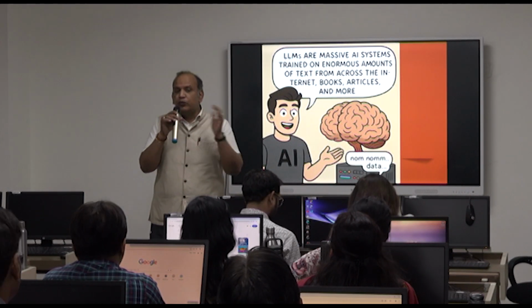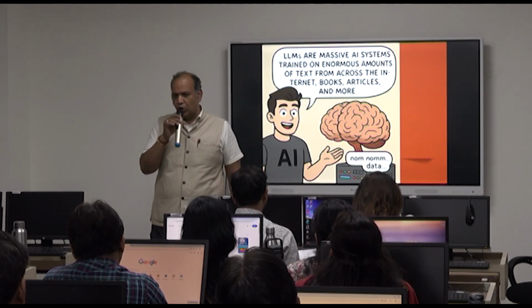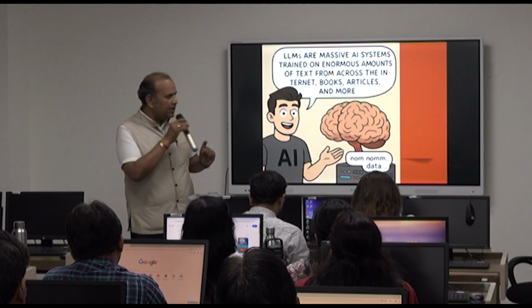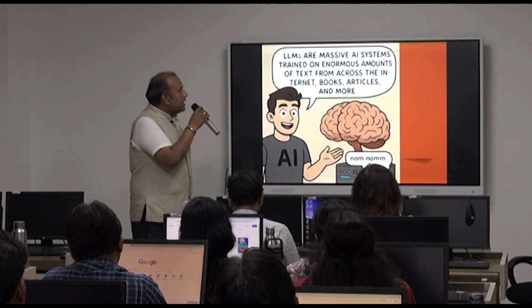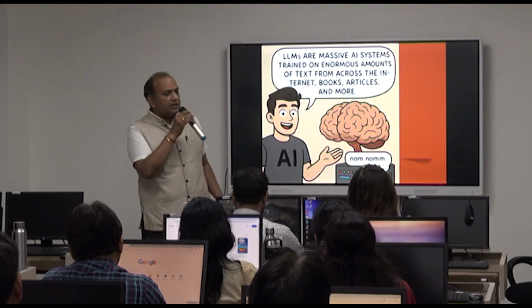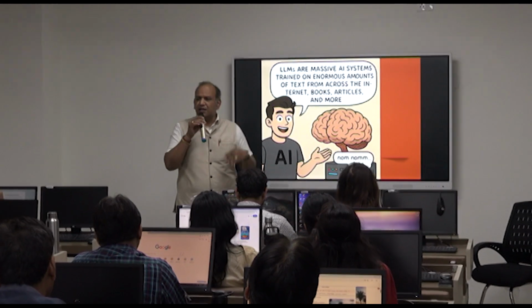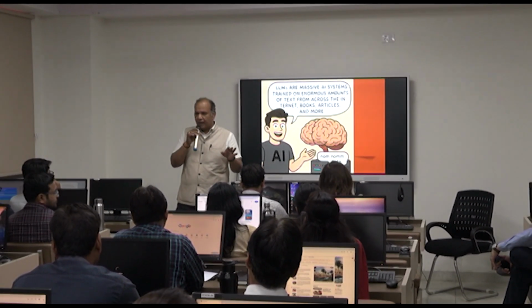And a huge volume of the text that we actually use to train these models is the first requirement. So I say that we are training massive AI systems on an enormous amount of text from across the internet, books, articles, whatever you can get your hands on, you can feed into an LLM.